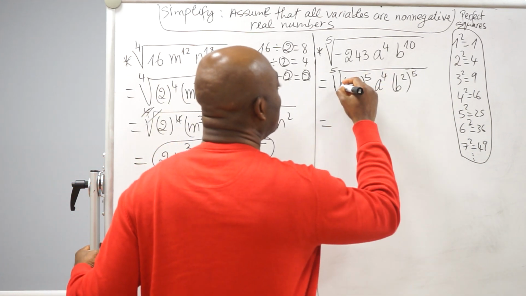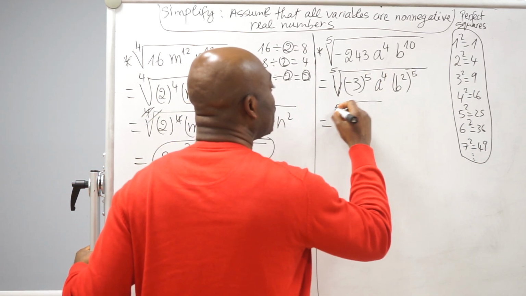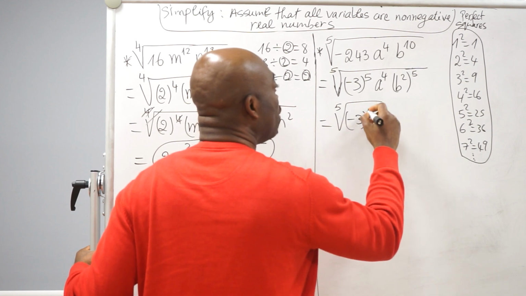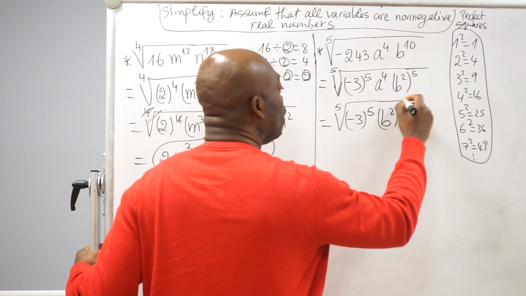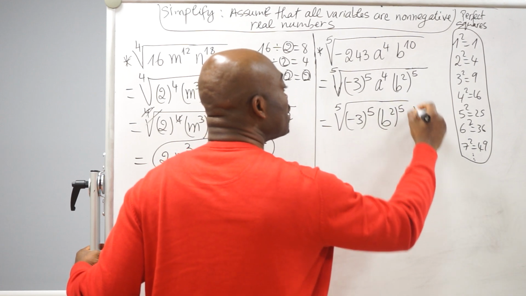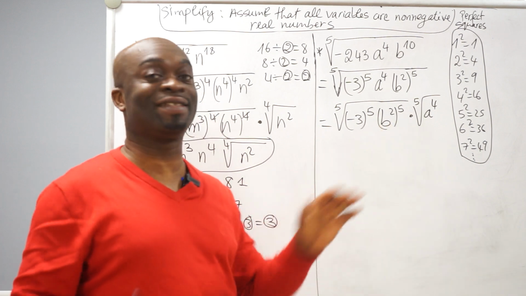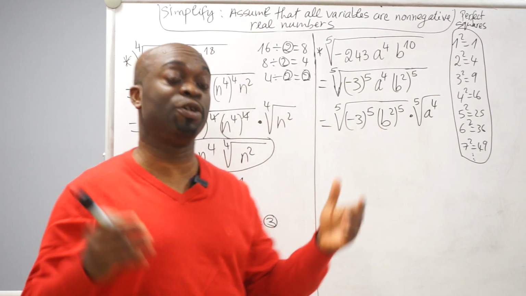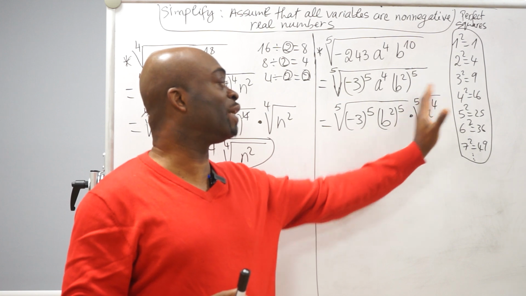So what's going to happen? So this is the 5th root of negative 3 to the 5th power times b to the 2nd to the 5th power, times the 5th root of a to the 4th power. Whichever is not a 5th root, this one, we keep it outside.